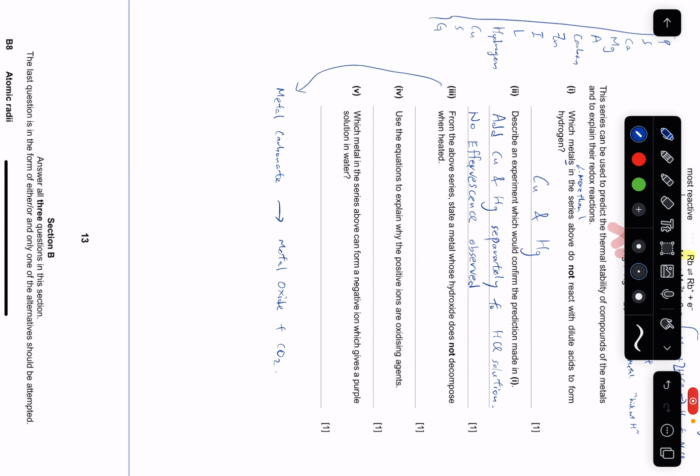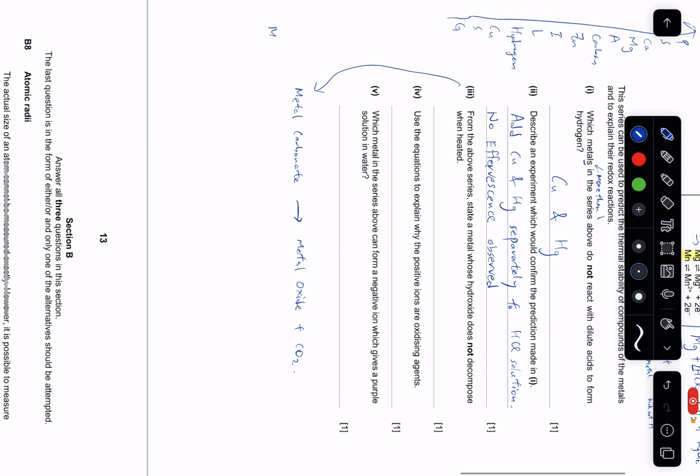You need to be able to write this equation and know the trend. The trend is the more reactive the metal, the harder it is for the metal carbonate to decompose.